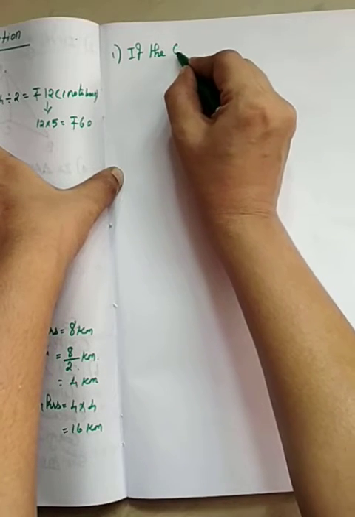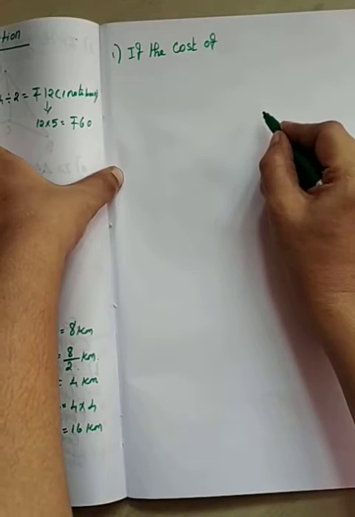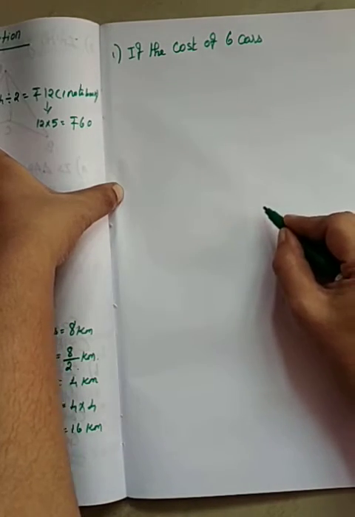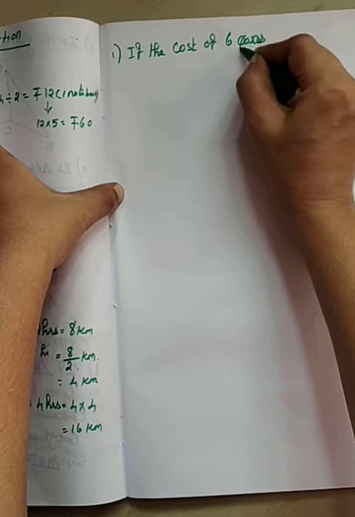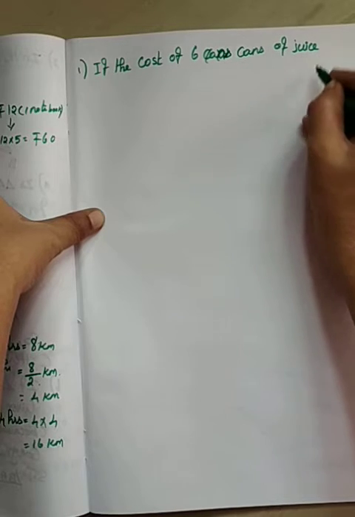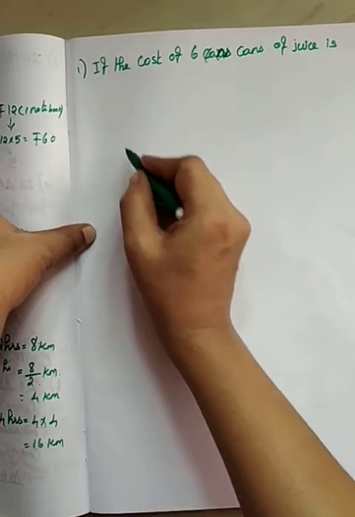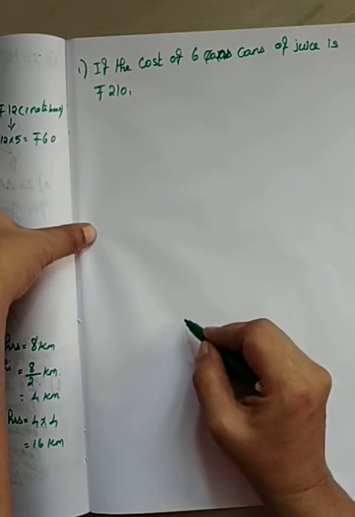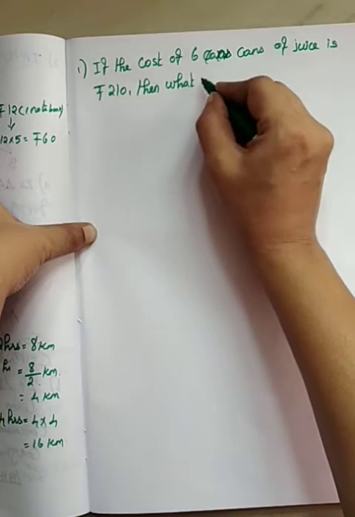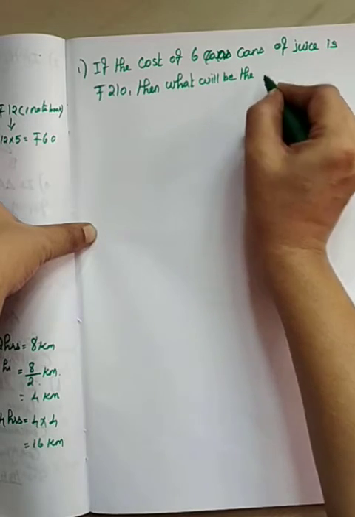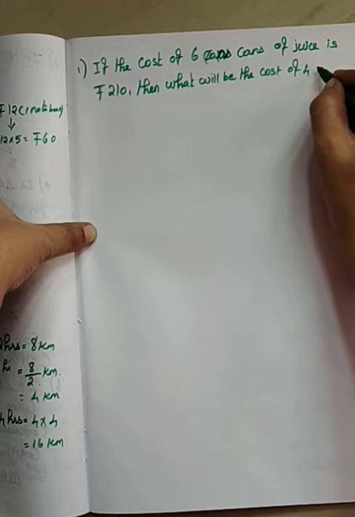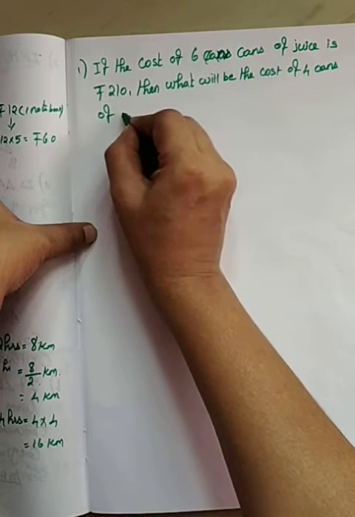If the cost of 6 cans of juice is rupees 210, then what will be the cost of 4 cans of juice?